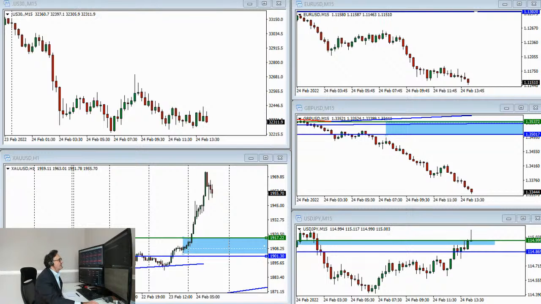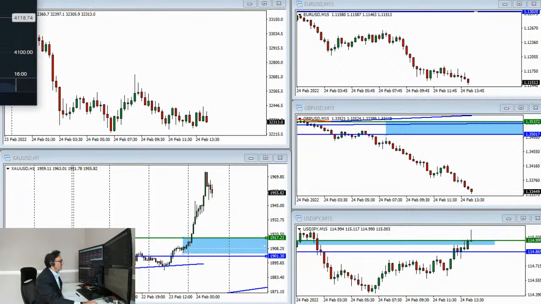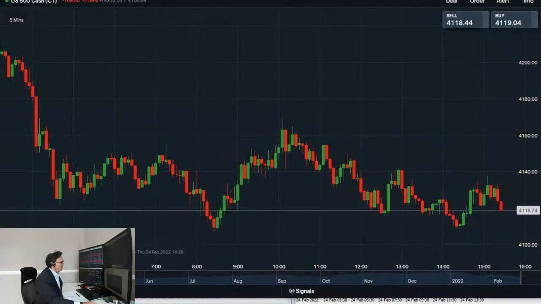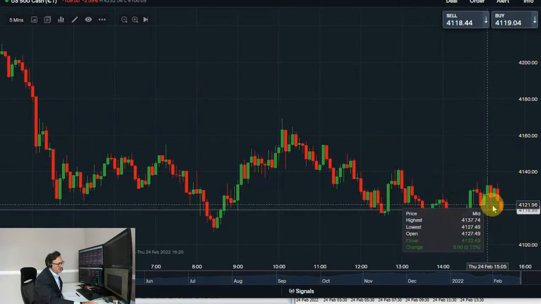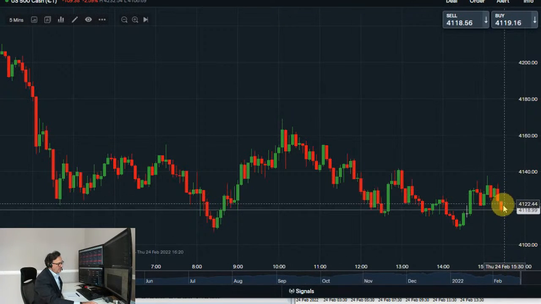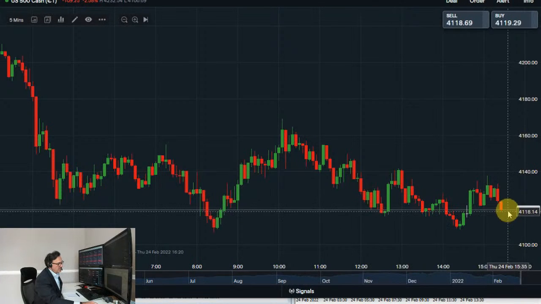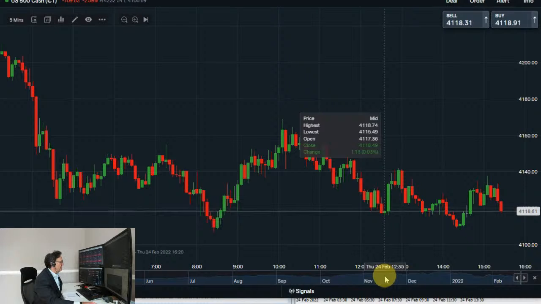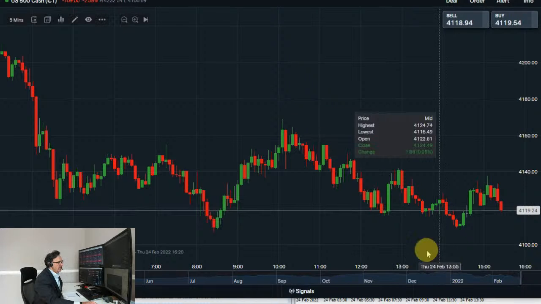I'm out. Yeah, I've stopped out now. So here we go. Nothing on this trade. I was stopped out with a loss of 10 points. I got in at 41.30 and I got stopped out just now at 41.19 and a half, just below 41.20. So that was a losing trade. It didn't work out.